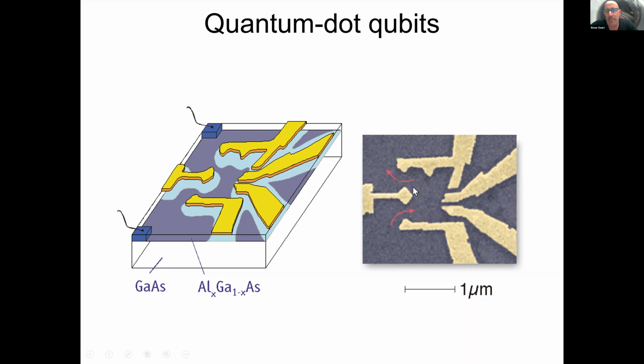This way, it's a box for electrons, and in many ways, it behaves like a single atom. Australia has a very large effort of trying to realize quantum computers using quantum dots. Intel is investing a lot of money in building these, and I think one of the reasons is that these are consistent with silicon technology.